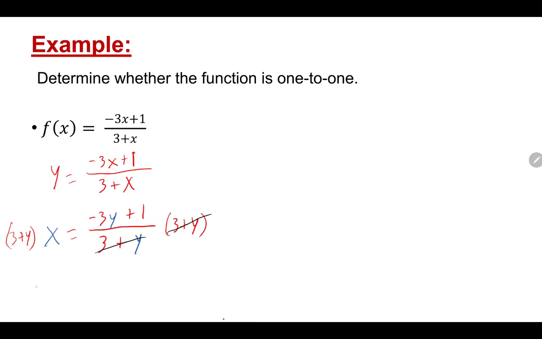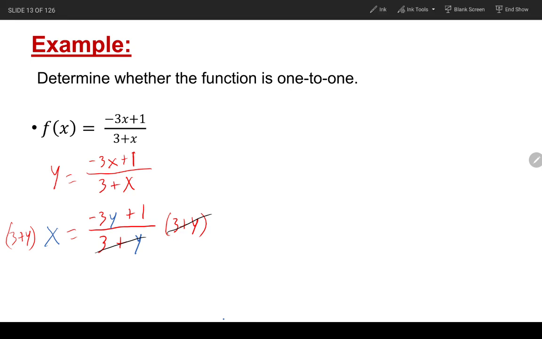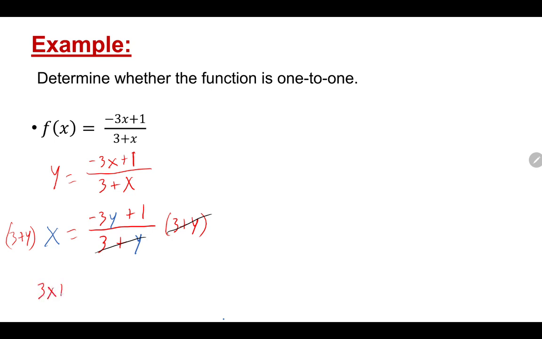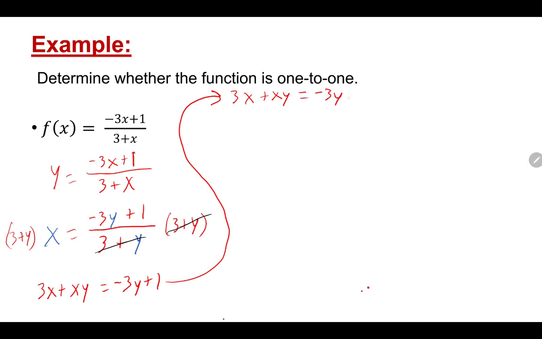And on this side, I'm left with 3x plus xy is equal to negative 3y plus 1. I want my y's on one side, so let me move this up here. So I have 3x plus xy equal to negative 3y plus 1.